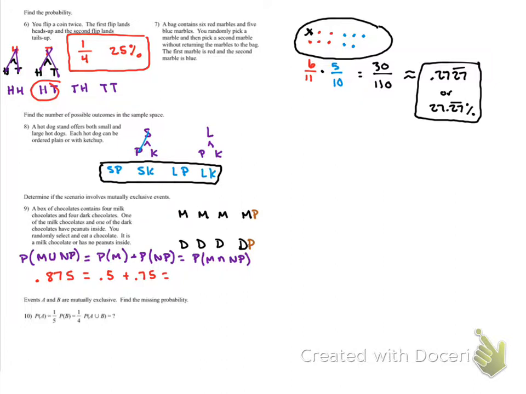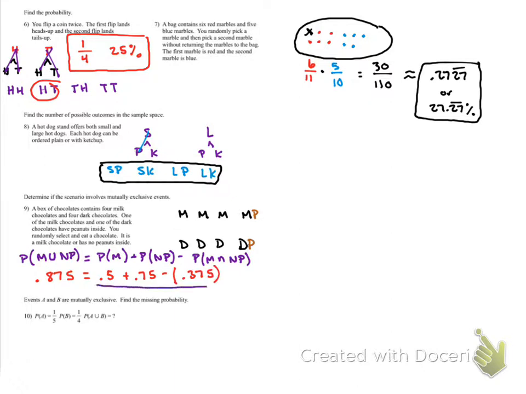Oh, sorry, this should be subtract. Subtract the probability of milk chocolate times no peanuts, which is this times this. We found those probabilities already, so 0.5 times 0.75 gives us 0.375.